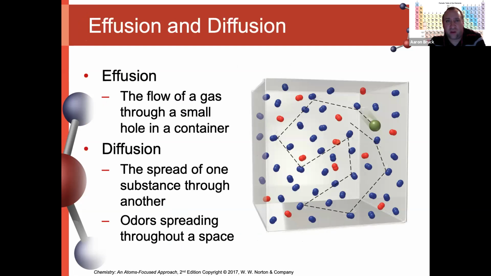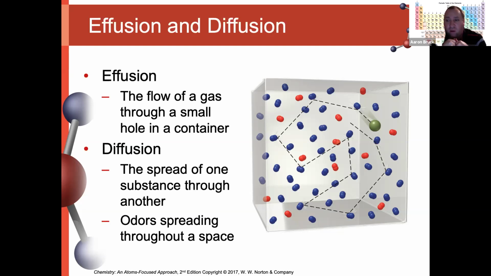Diffusion is the movement of pretty much any substance from an area of high concentration to an area of low concentration. And so to that end, diffusion is just the movement of a gas usually as it spreads out from its origin to other parts of the room or other parts of the atmosphere. Where we see this the most often is the idea of odors.